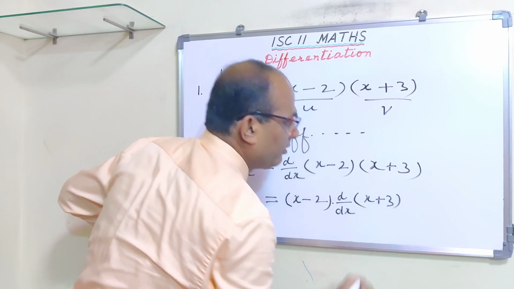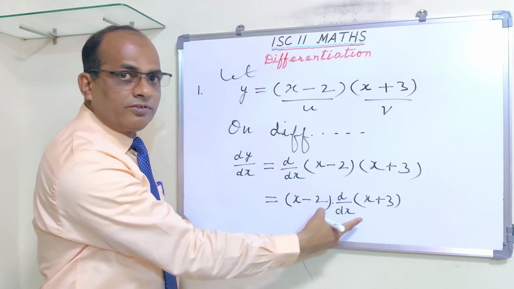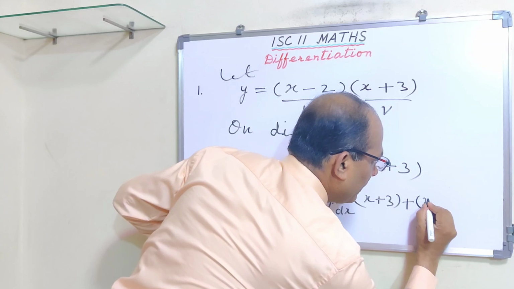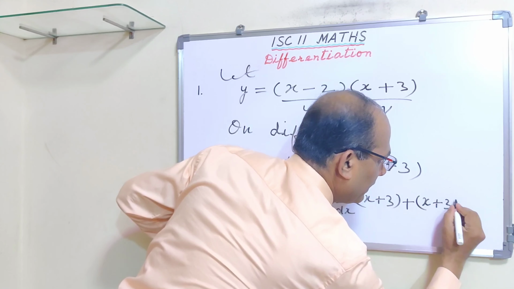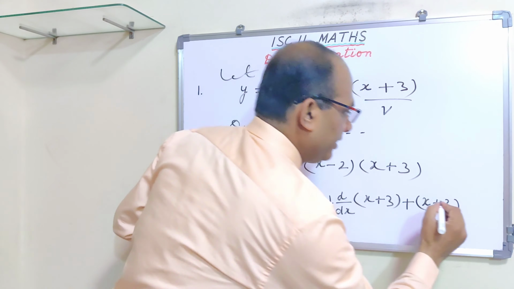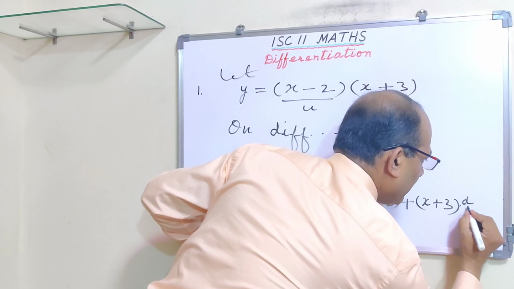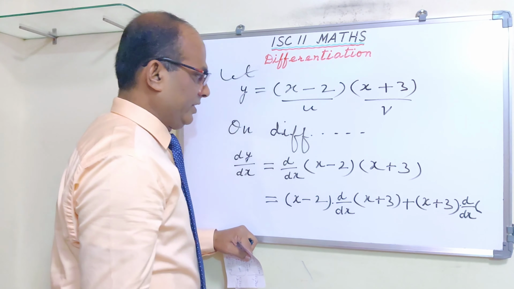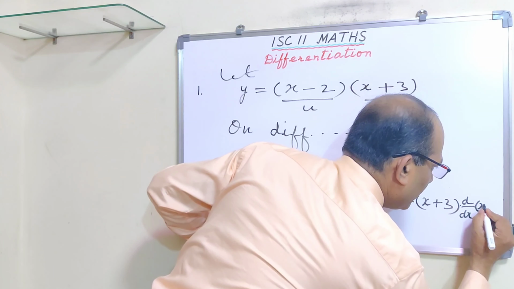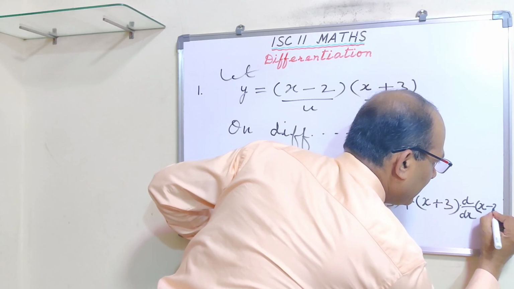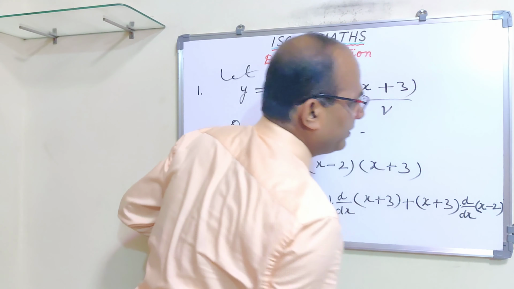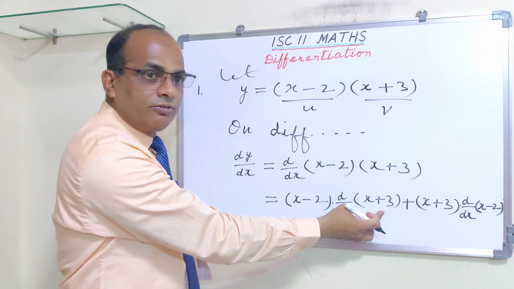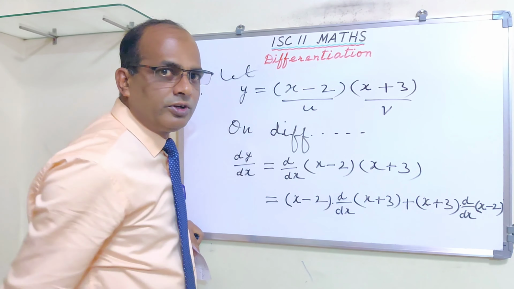First function into derivative of second plus second function into d/dx of first function, which is x minus 2. So first function into differential coefficient of second function plus second function into differential coefficient of first function.